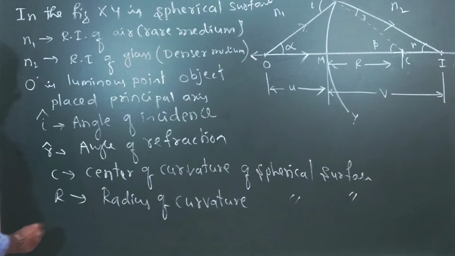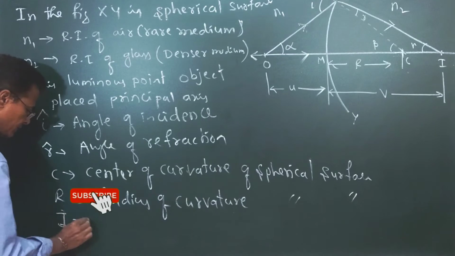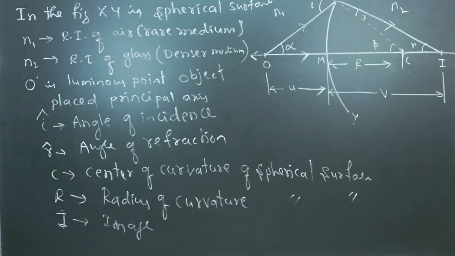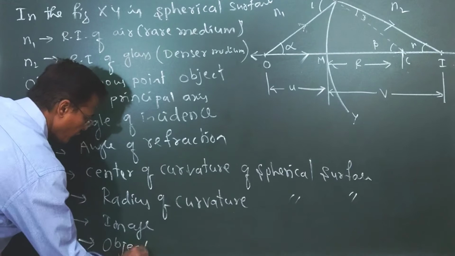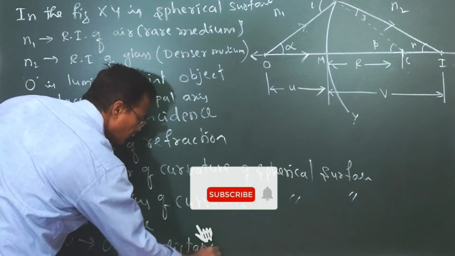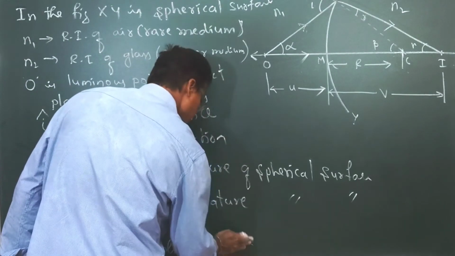Okay, I is called the image. I is the image. And u is called the object distance, and v we are going to call the image distance. v is the image distance.